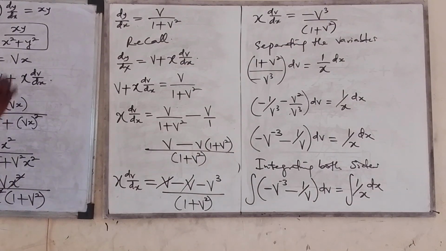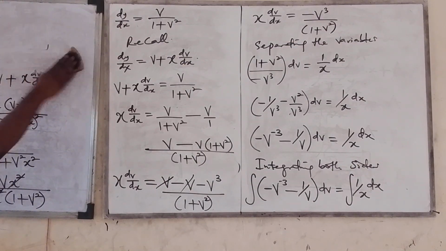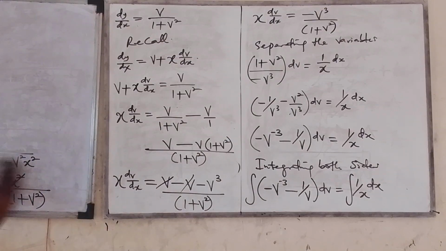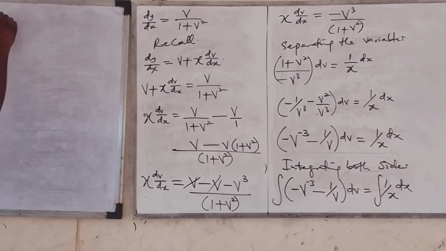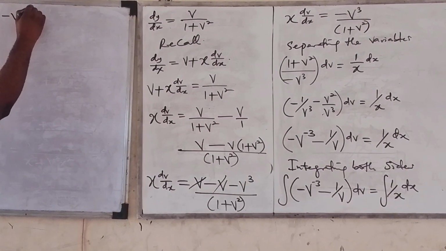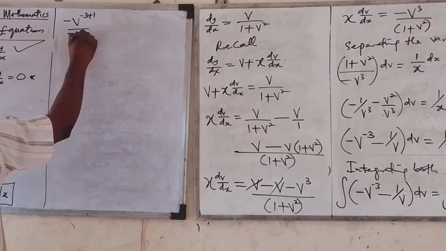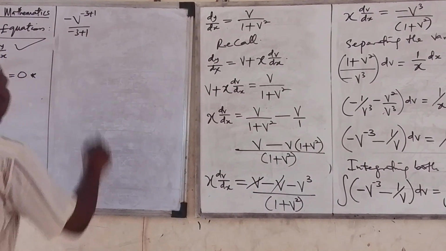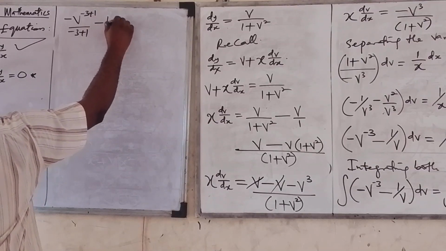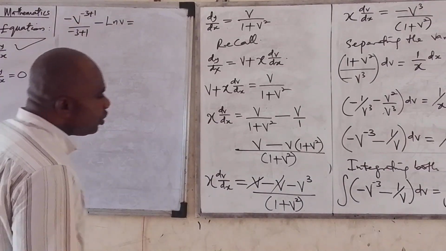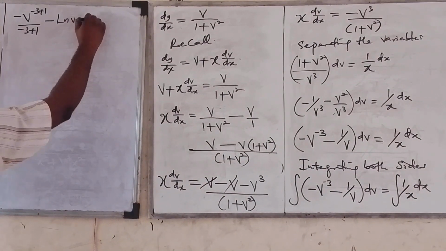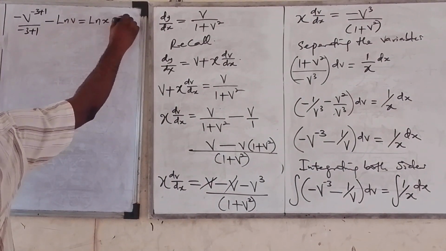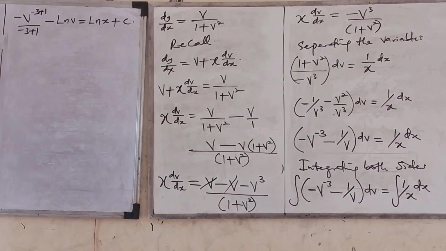So it means here we have integrating minus v raised to the power of minus 3 plus 1 all over minus 3 plus 1, then here we have minus ln v. Yes, when you integrate 1 over v, it gives ln v, is equal to ln x plus c.